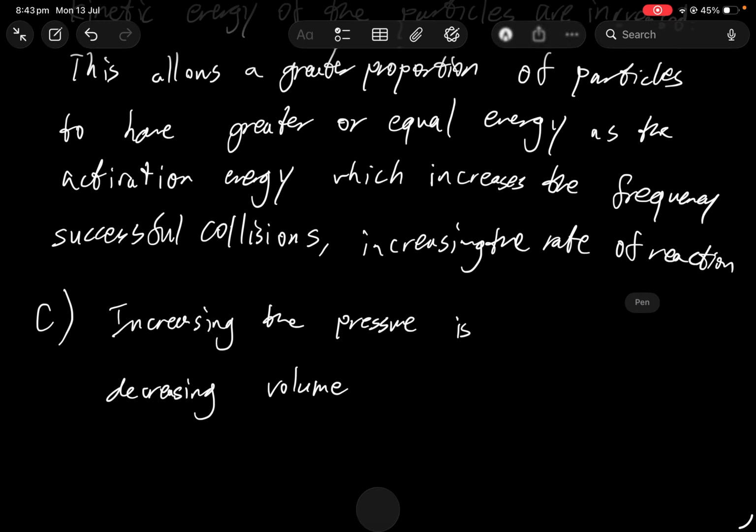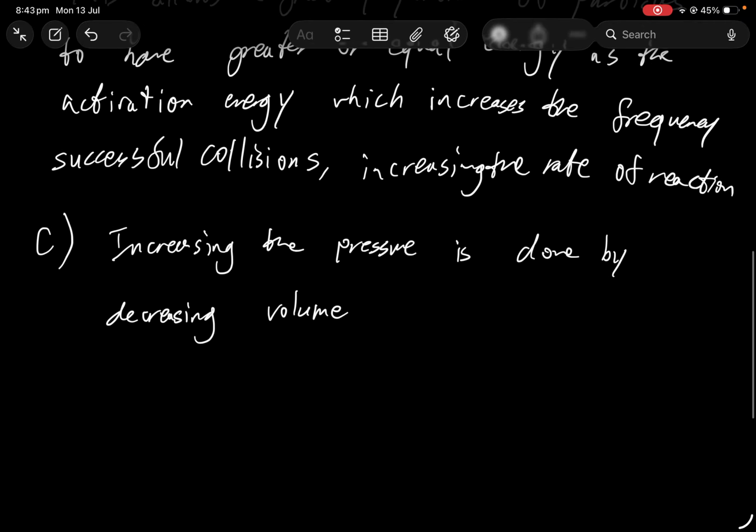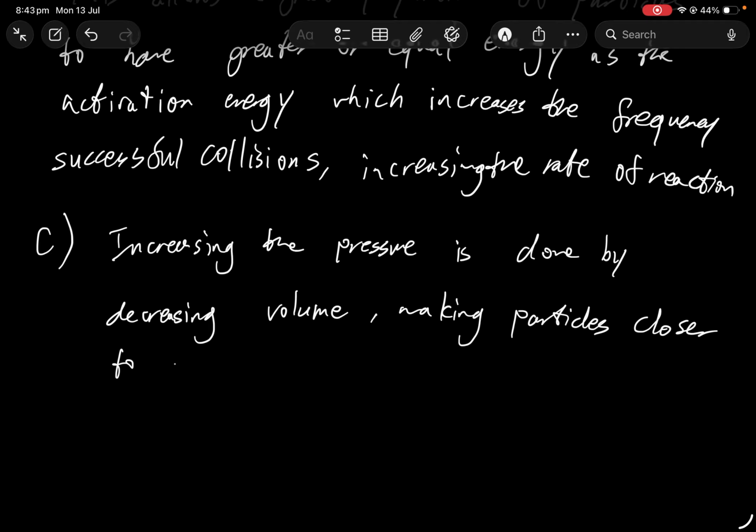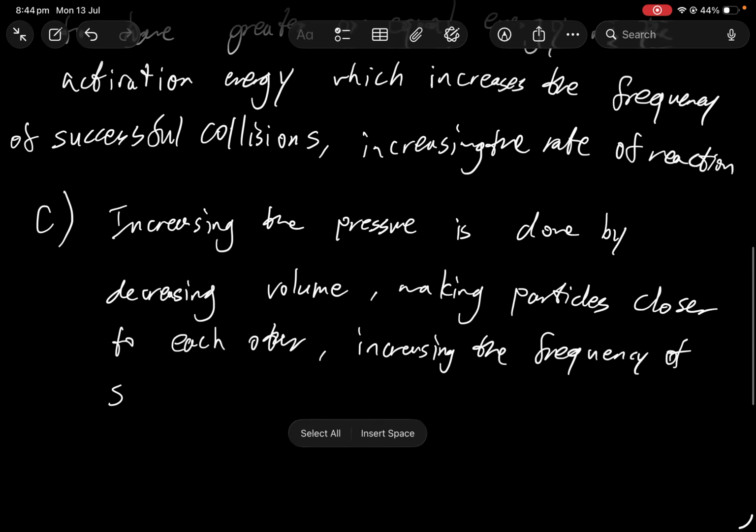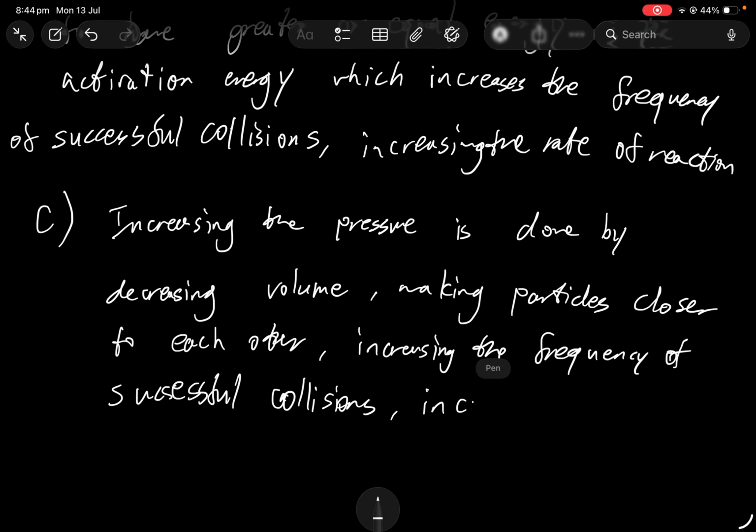Increasing the pressure is done by decreasing volume, making particles closer to each other, increasing the frequency of successful collisions, increasing the rate of reaction.